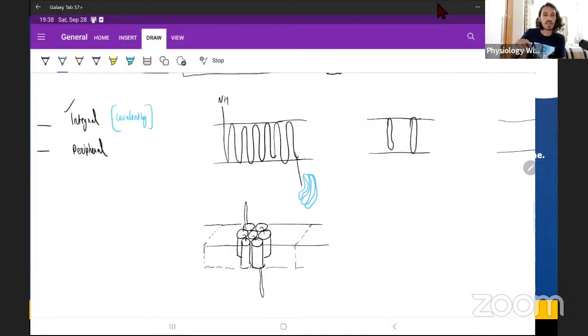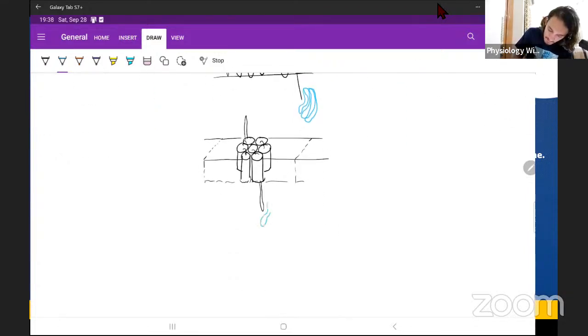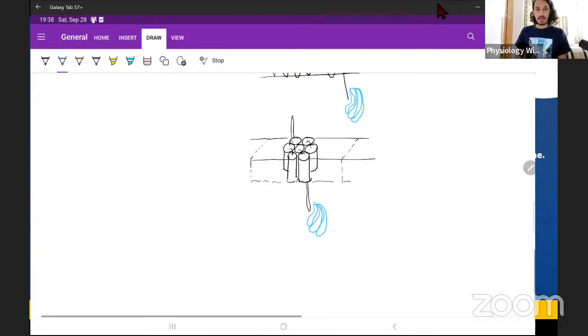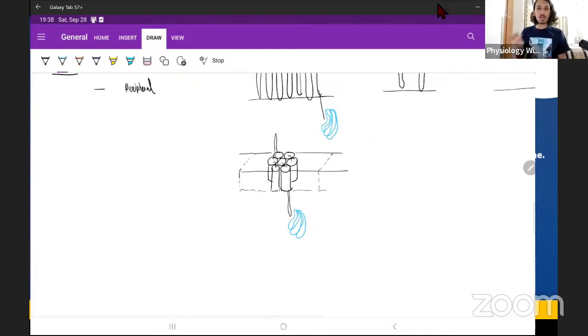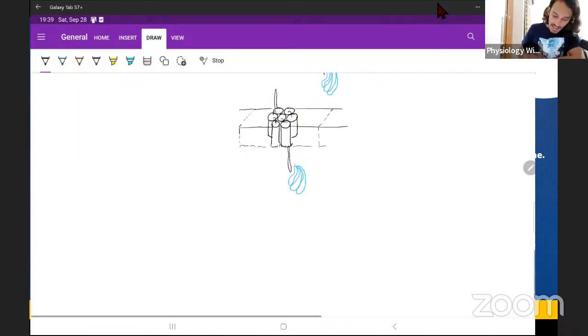In this example, I'm showing you one which is inside. Here again, this is a separate protein which is inside. Access to these proteins, the first one is what we call ligand receptor.